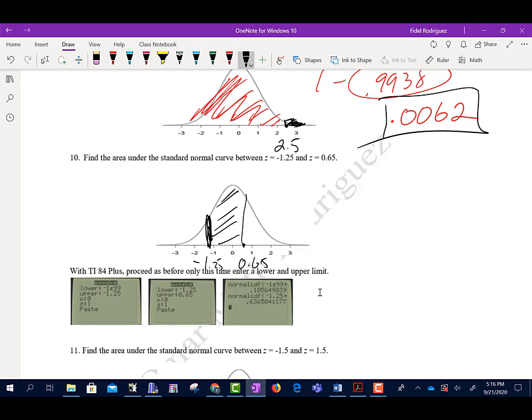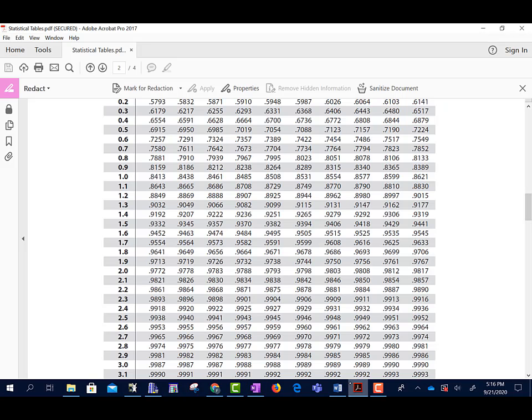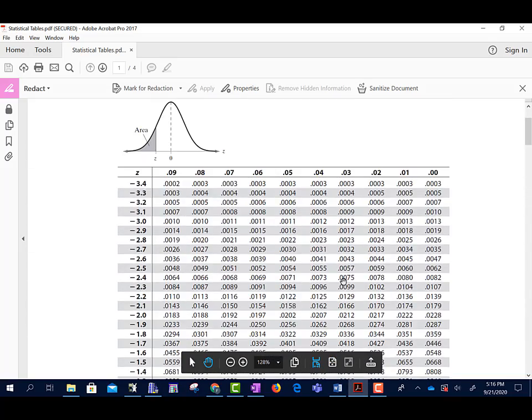Okay. So if I'm going to do this on my table, first thing I got to do is find the area to the left of that, right? So let's go to when z equals negative 1.25. Get my chart here. I'm going to scroll up to the top. Okay, here's my 5.